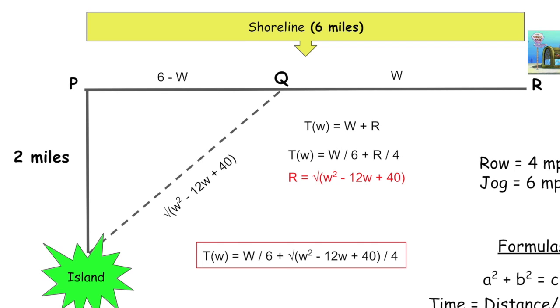So now we can find the total time it will take to jog and row in terms of W, which is our independent variable, or the input. And this is the equation we can use to find the total time for the distance that you walk/jog.